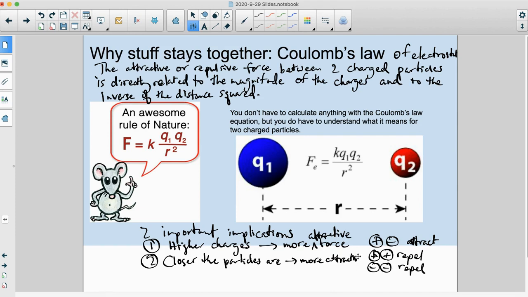And again, here we're talking about bonding, and bonding requires some positive and negative attraction. So the closer the particles are, we get more attractive force. The higher the charges are, we get more attractive force. So those are the two important implications of Coulomb's law.